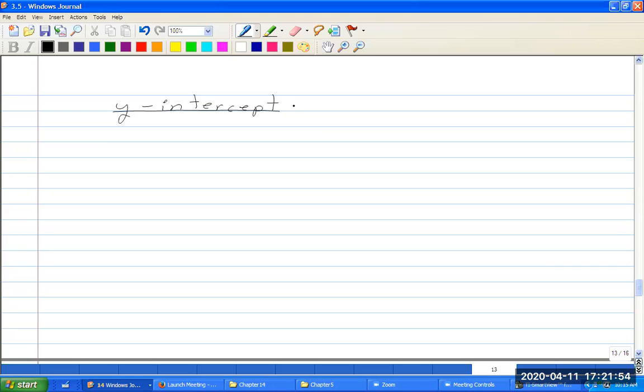So to find the y-intercept, replace x by 0 and solve. 0 minus 4 is negative 4, over negative 9 is positive 4 over 9. And so my y-intercept is at (0, 4/9).